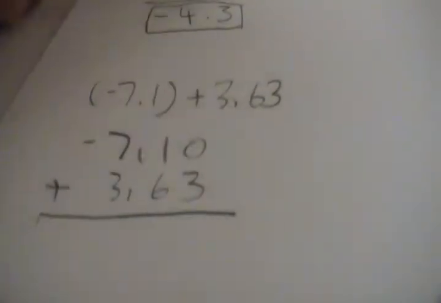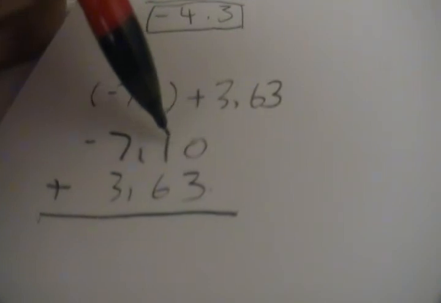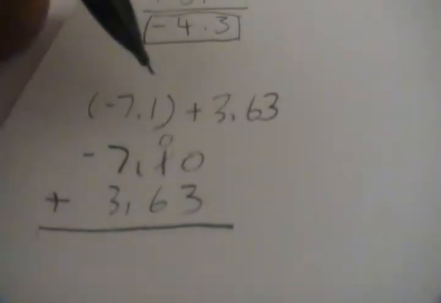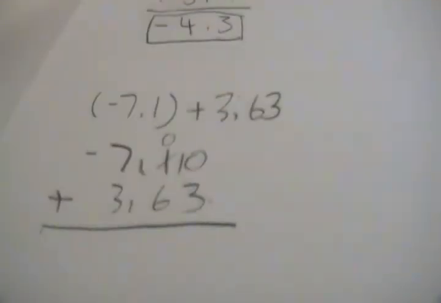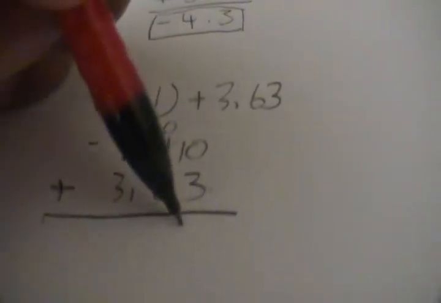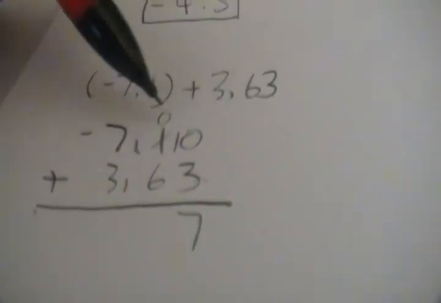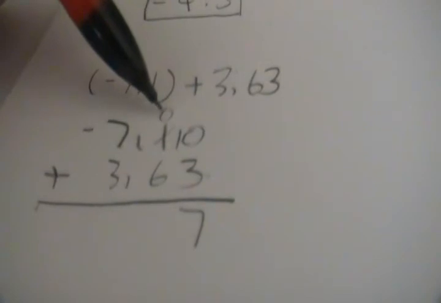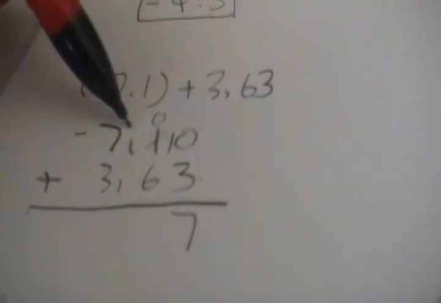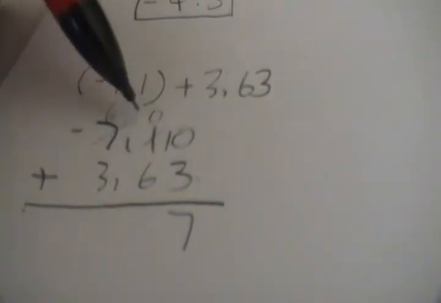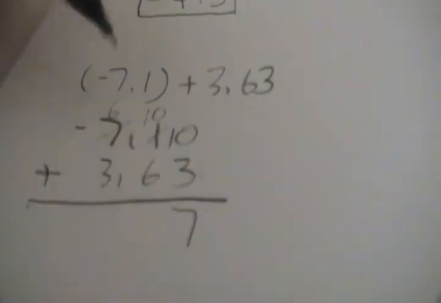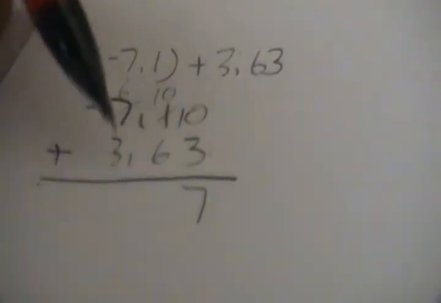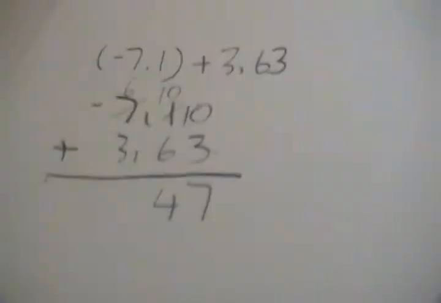So 0 minus 3, we borrow 1 from the next digit, so 1 becomes 0, and 0 becomes 10. 10 minus 3 is 7. Okay, 0 minus 6, can't do that, so I've got to borrow from the next digit, so 7 becomes 6 and 0 becomes 10. 10 minus 6 is 4.